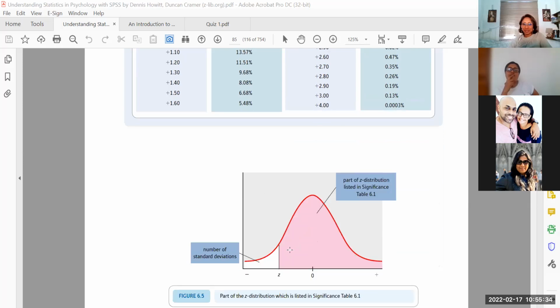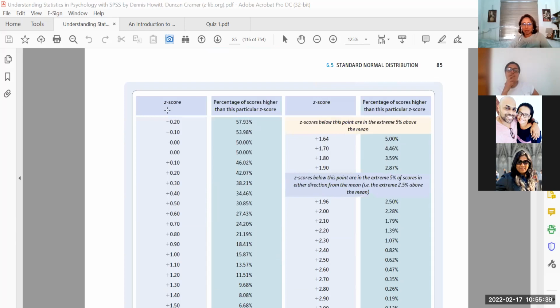So if we have a Z score of, let's say, minus 0.2, in this column of the table you have the percentage of scores higher than that particular score. The amazing thing is, if the Z score is minus 0.20, the percentage of scores that is higher than that score is actually already calculated.